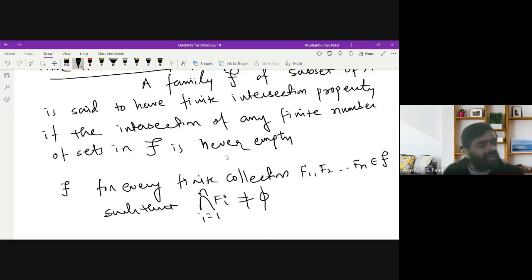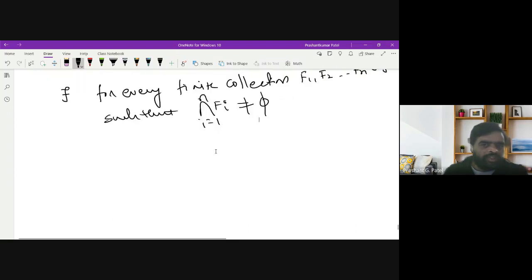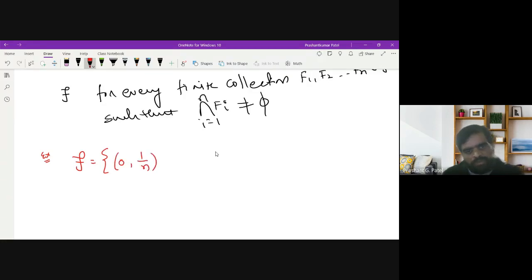Let's have an example of such a family. Let us consider script F as the family of open intervals 0 to 1 by n, where n belongs to N. This is a class of open intervals, given by this.